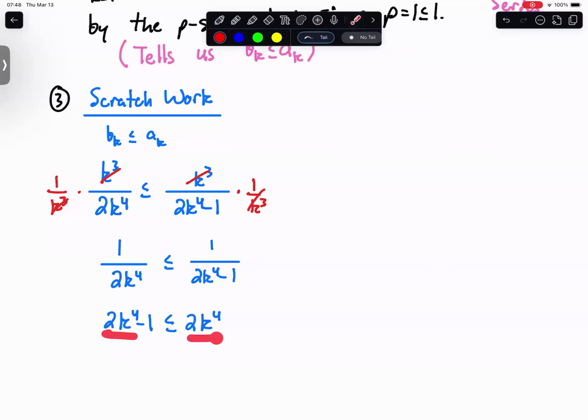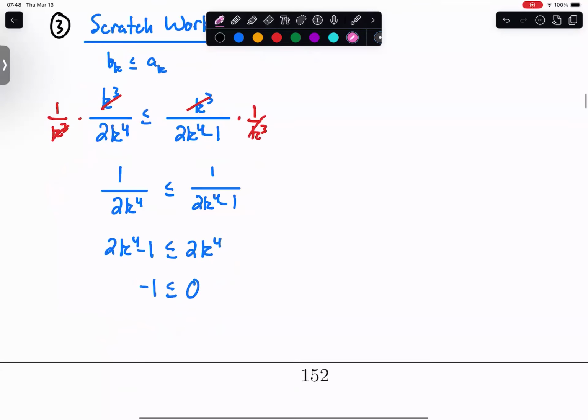Okay, now I have a big hint. Notice I have the same expression on two different sides of this inequality. If I subtract 2k to the fourth from both sides, I'll be left with a -1 on the left-hand side and a 0 on the right-hand side. So I'm left with -1 is less than or equal to 0.